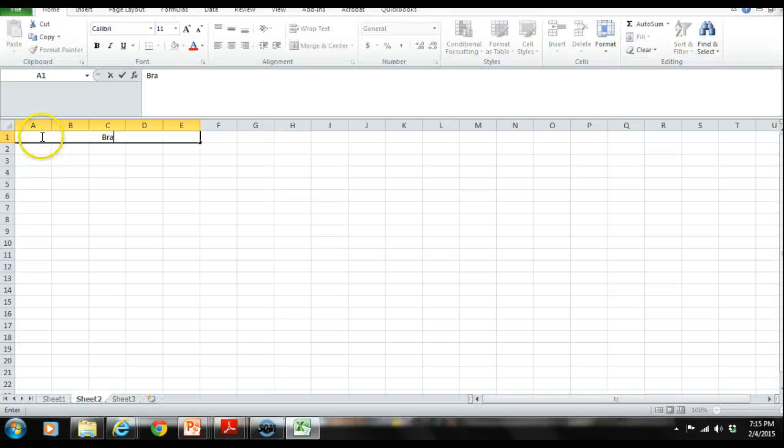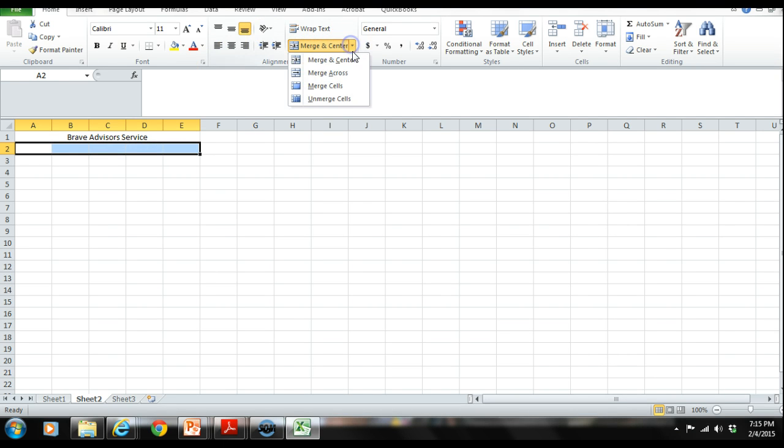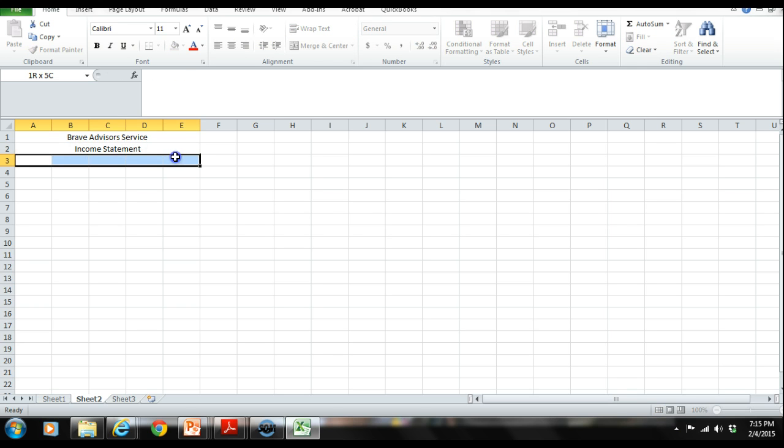So Brave Advisors Service. Is that what your name is? What? I didn't read that part. Income statement for the period ending December 31st, 2014.